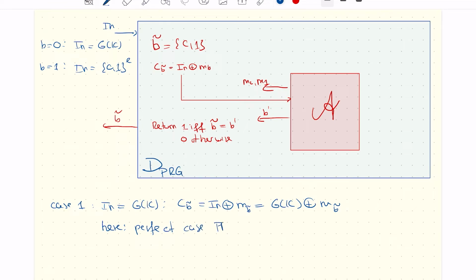Right, so here it's a perfect simulation of the case of the PRG, and this in particular means that the probability that our algorithm D_PRG on input in outputs 1, well, this probability is exactly the probability that the adversary wins against the private key encryption scheme.